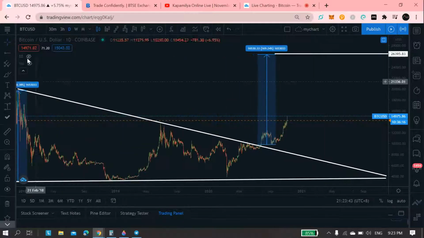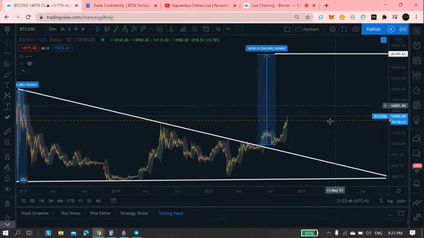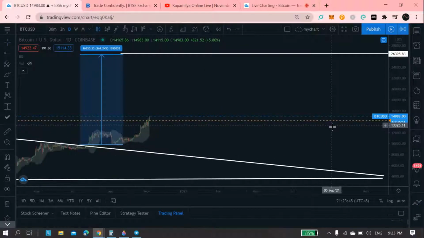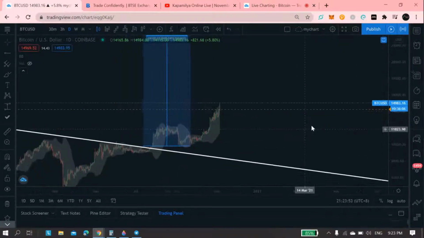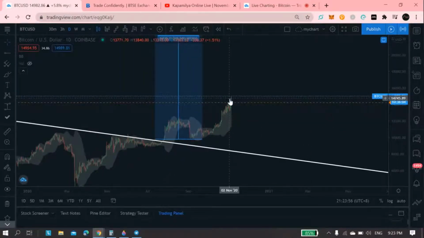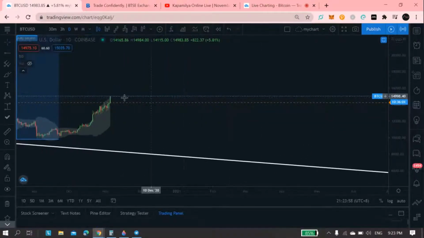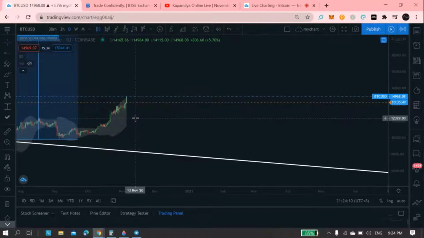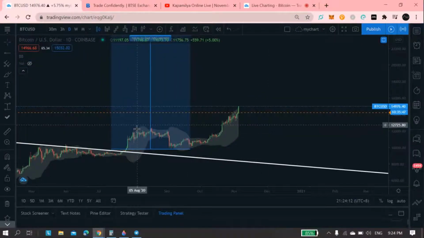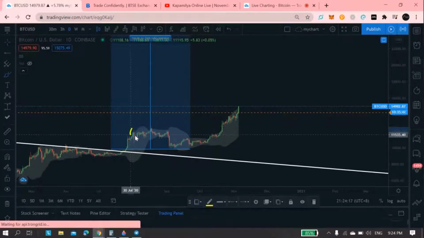Let's just use first this Bollinger Band. Using the Bollinger Band is simple. If it's already at the upper Bollinger Band, it's already time to sell. And if it's at the lower Bollinger Band, it's time to buy or go long. Currently, I still have a long position because sometimes it breaks outside the Bollinger Band.